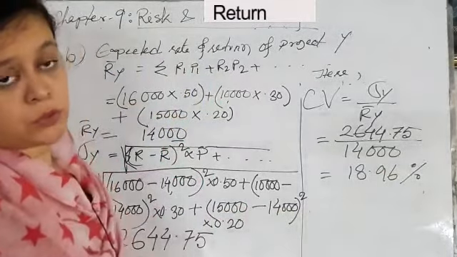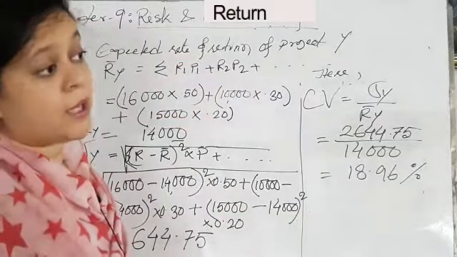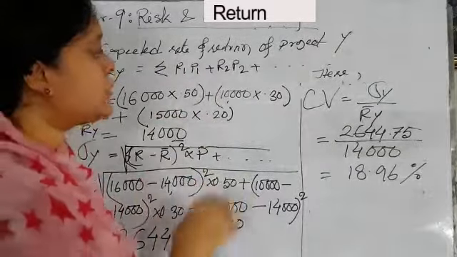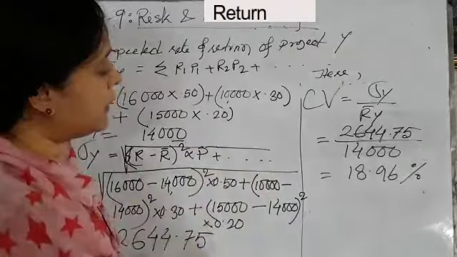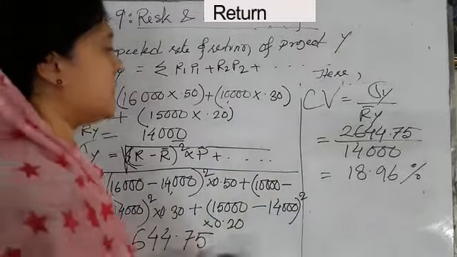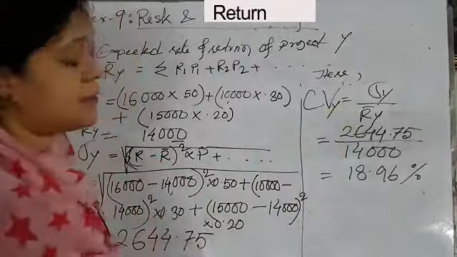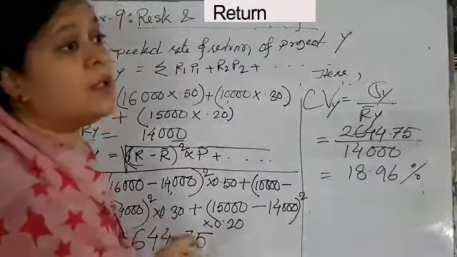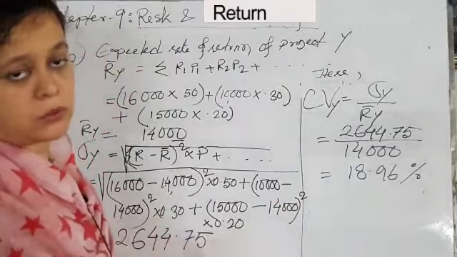Now the question is, Mr. Ali has to choose which one and has to reject which one. So according to CV's value, it means CVx and CVy, we can take the decision like which one is less amount.